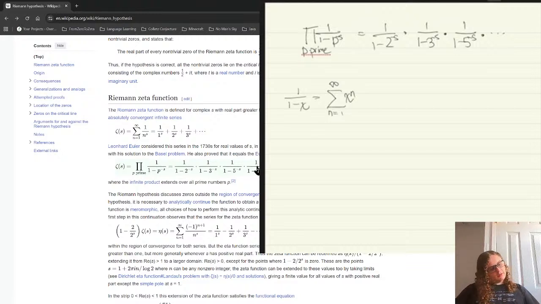But x has to be between -1 and 1. All right.